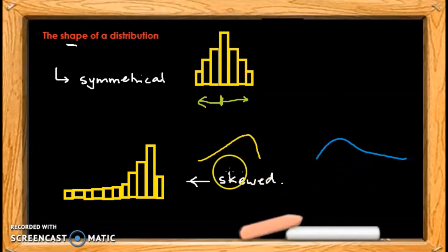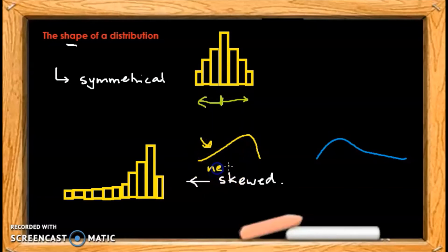And so therefore, I need to define between this skew, where I have my tail going into the smaller numbers, and this sort of skew, when the tail goes into the larger numbers. And that's exactly what we look for. We look for the long part here, and that will tell us whether it's negatively skewed.